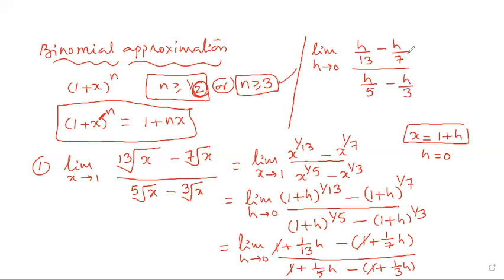Take h common in the numerator and denominator. What is remaining? Limit h tends to 0 of 1 by 13 minus 1 by 7, over 1 by 5 minus 1 by 3.